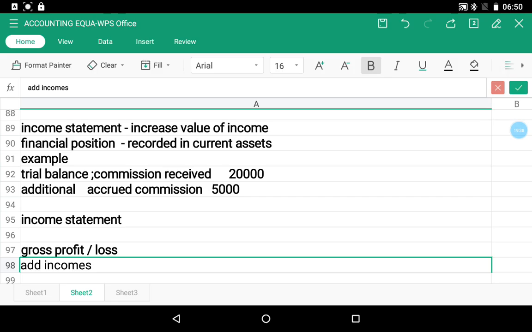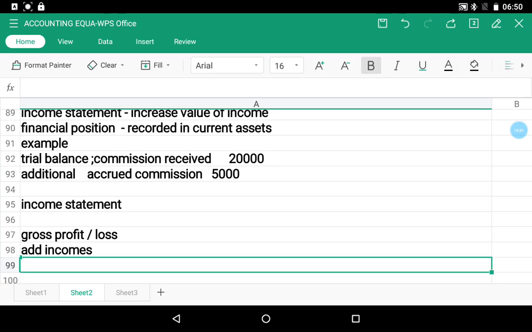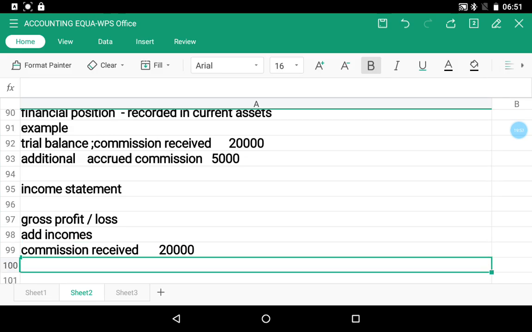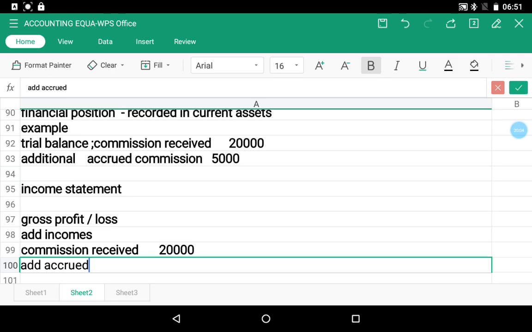Here we have commission received, the value in trial balance, because they always bring it in trial balance, which is 20,000. You add accrued commission, which is 5,000.